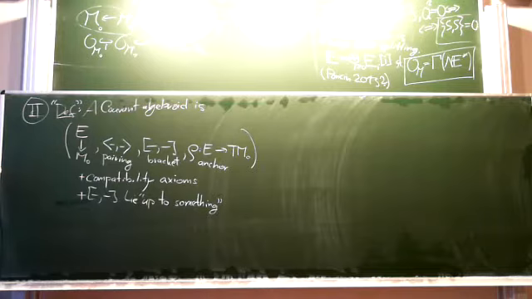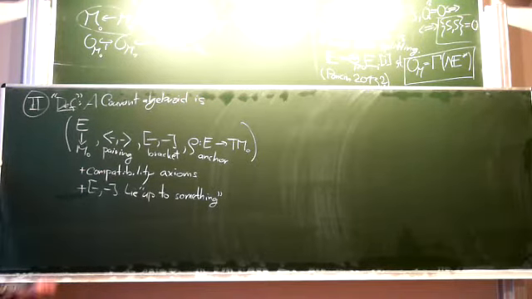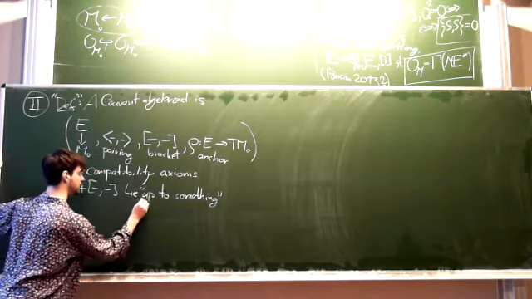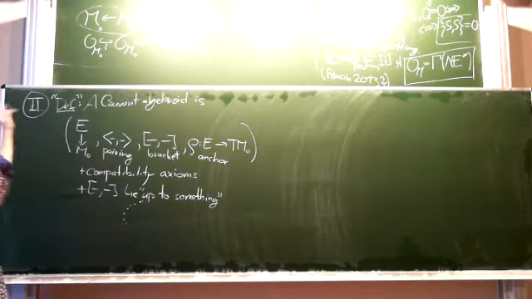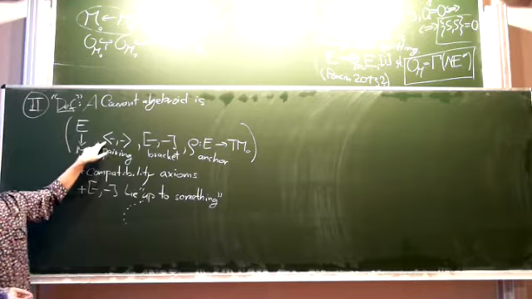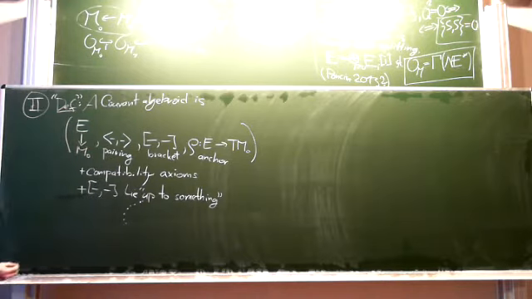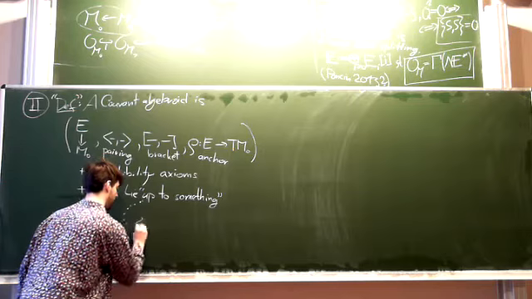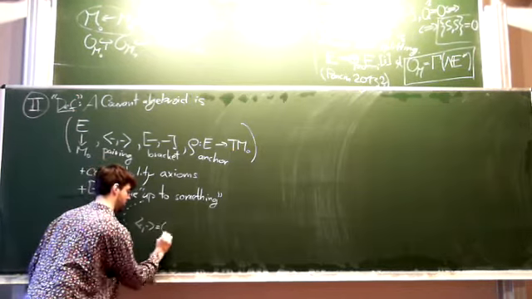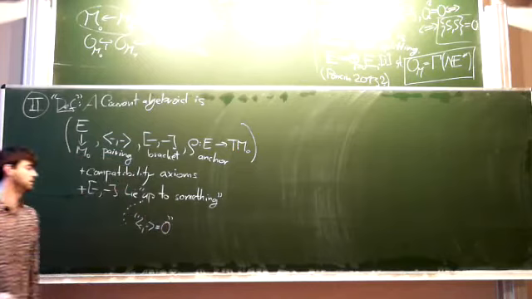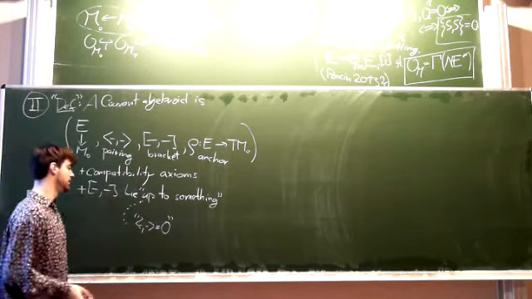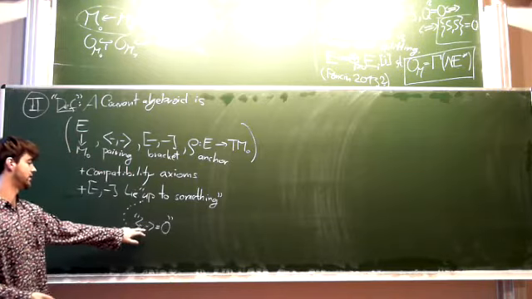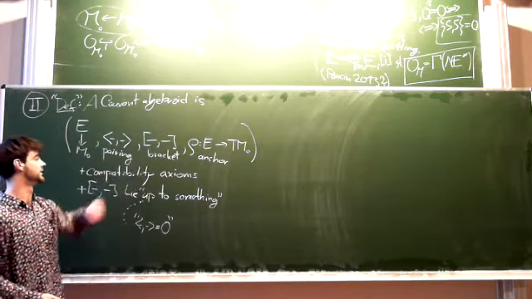I'll just say that if we forget about the pairing, or take a zero map instead of the pairing in all of the axioms, then the bracket is actually a Lie bracket. So this thing kind of measures how much the bracket is not a Lie bracket.